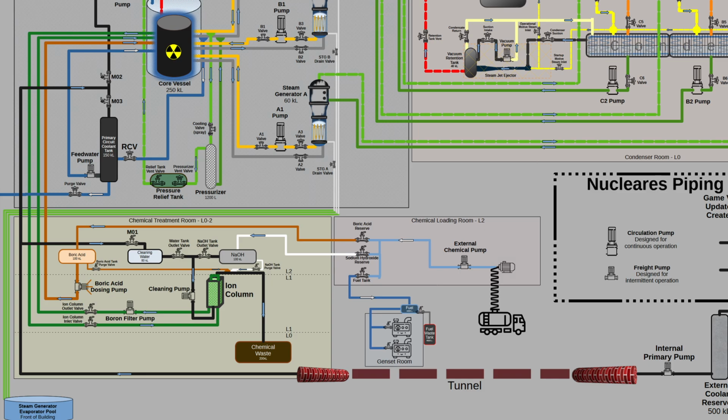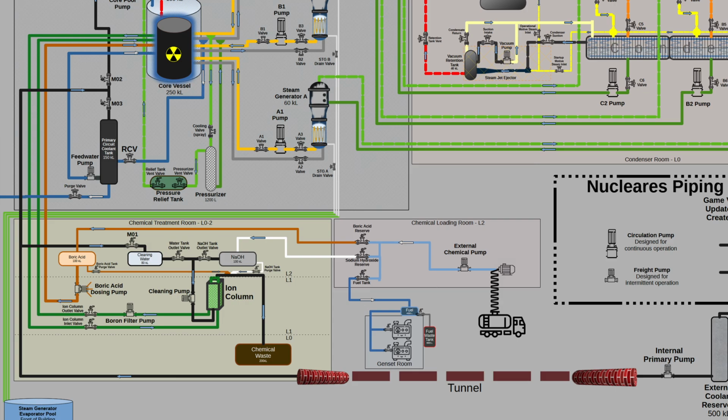Depending which valves you have open, it will either go down the MO1 line, which is the cleaning water. Then you've got the water tank outlet valve, which goes into the cleaning pump and then into the ion column. Then you've got sodium hydroxide into the sodium hydroxide tank outlet valve and through the cleaning pump and into the ion column.